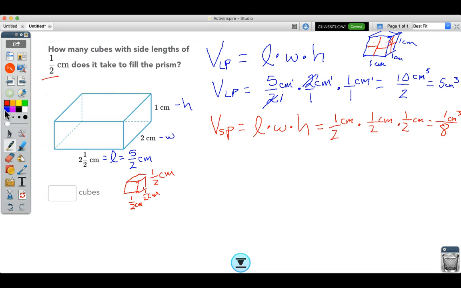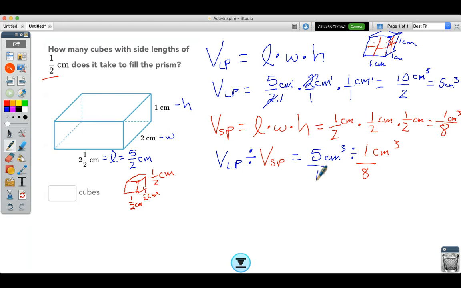Therefore, the question becomes, if you divide this into this, how many are you going to get? Think of it as the volume of the large prism divided by the volume of the small prism, which, if we substitute in our numbers, is 5 centimeters cubed divided by 1/8 centimeters cubed.